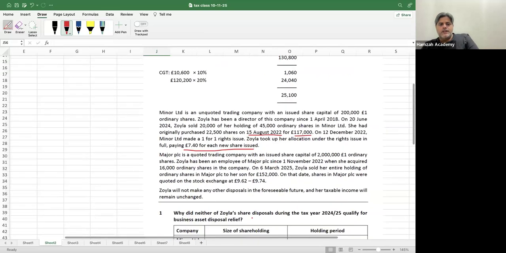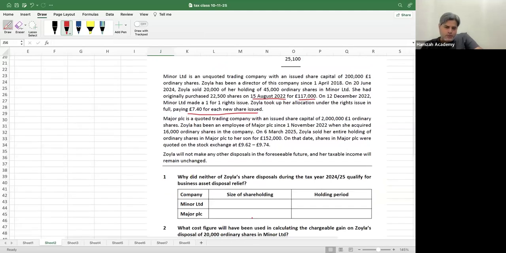Okay. Then Major PLC is a quoted trading company with an issued share capital of 2 million. Zoila has been an employee of Major PLC since 1st November, when she acquired 16,000 ordinary shares in the company.